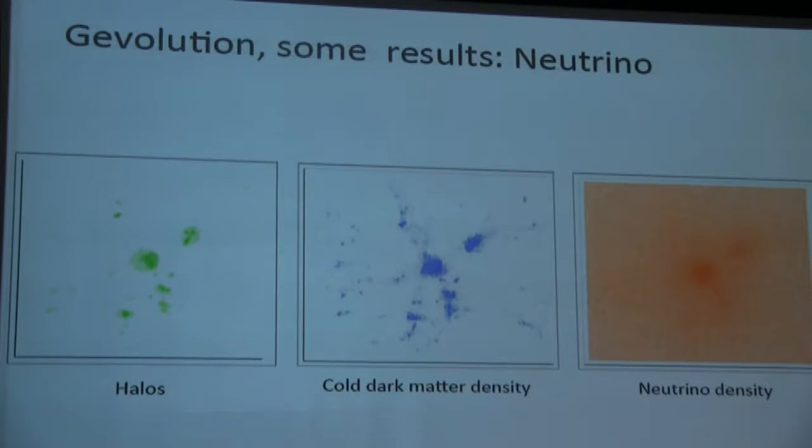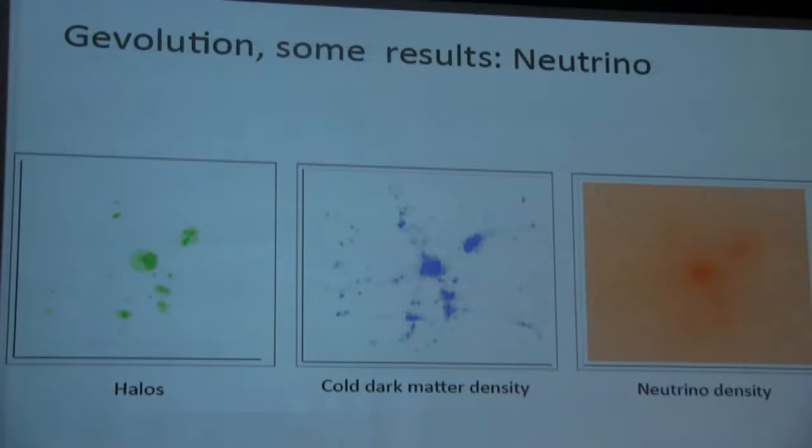I like this plot just because it shows well what happens with neutrinos. Here you have the halos in your simulation, basically found with a halo finder. I don't remember which one we used. And these are really just the particle positions. And this one is the neutrino calculation.